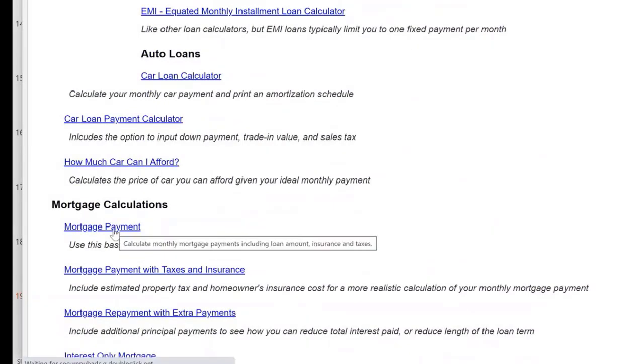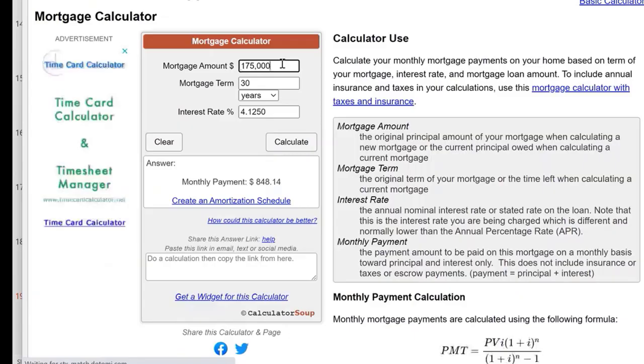Our mortgage here, we said is 240,000. Mortgage term is 360, because we need to multiply the 12 by the number of compounding periods, and then it's months.